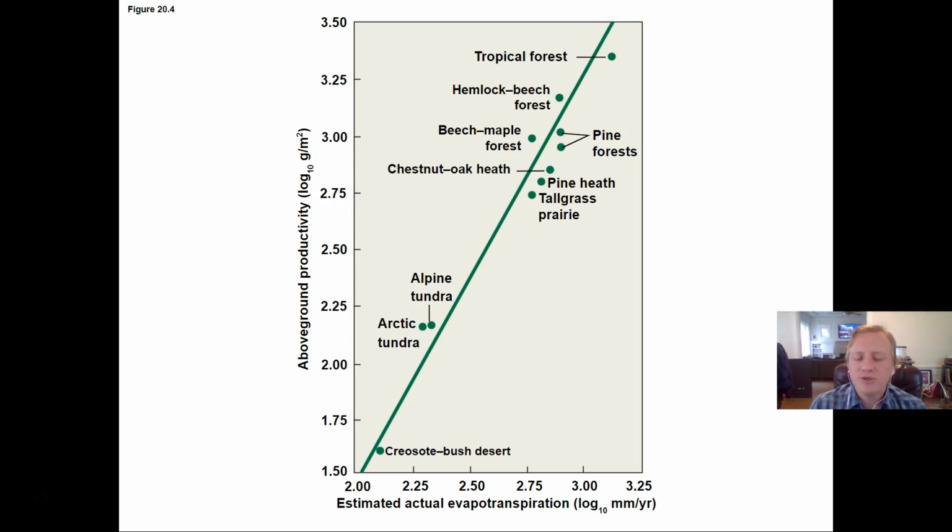So this shows you above ground productivity, because it's the easiest to measure as opposed to going after roots in some of these areas. And you can see the higher the actual evapotranspiration is, the higher the productivity is.